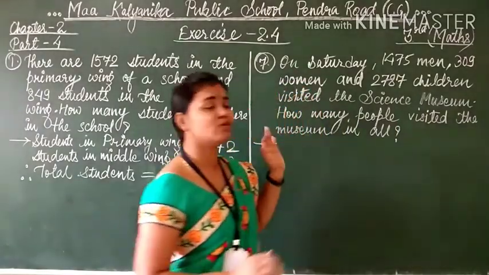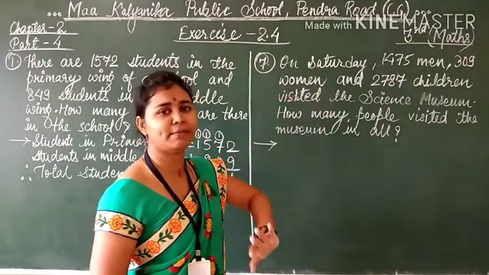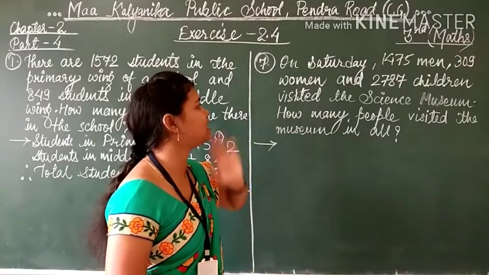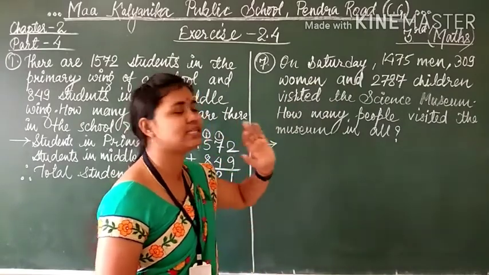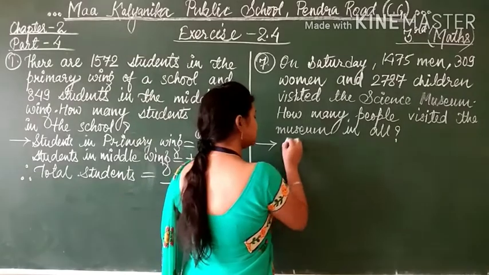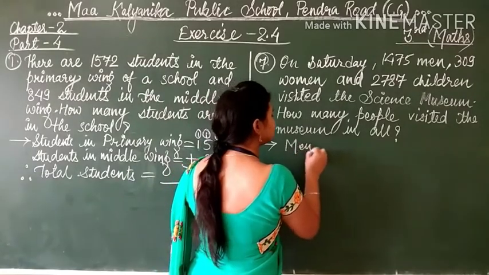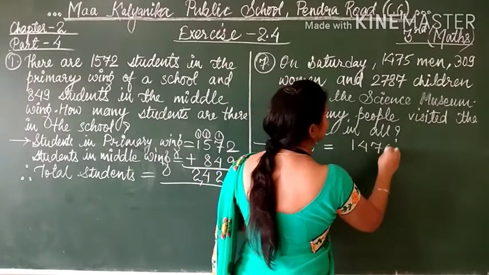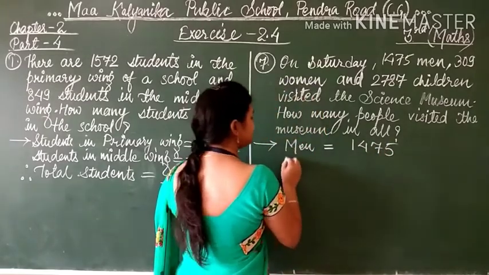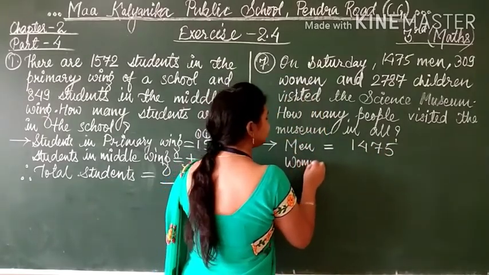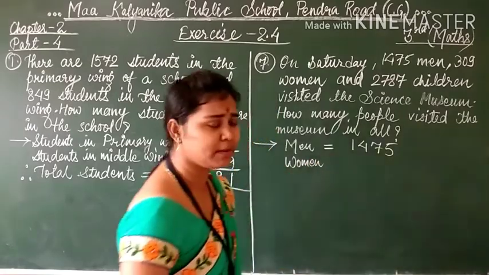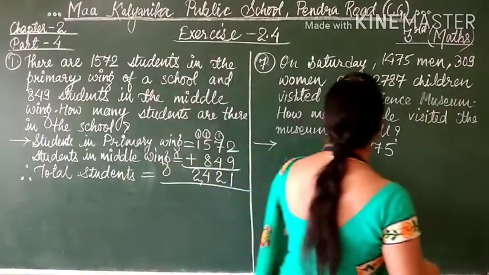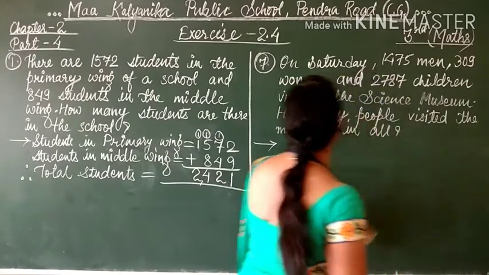Okay students, so we will start from the beginning. How many men are there? How many women are there? And how many children visited the Science Museum? So directly we can write like this. Number of men is 1475. Then number of women. You can write the complete statements, number of men, number of women, like this.